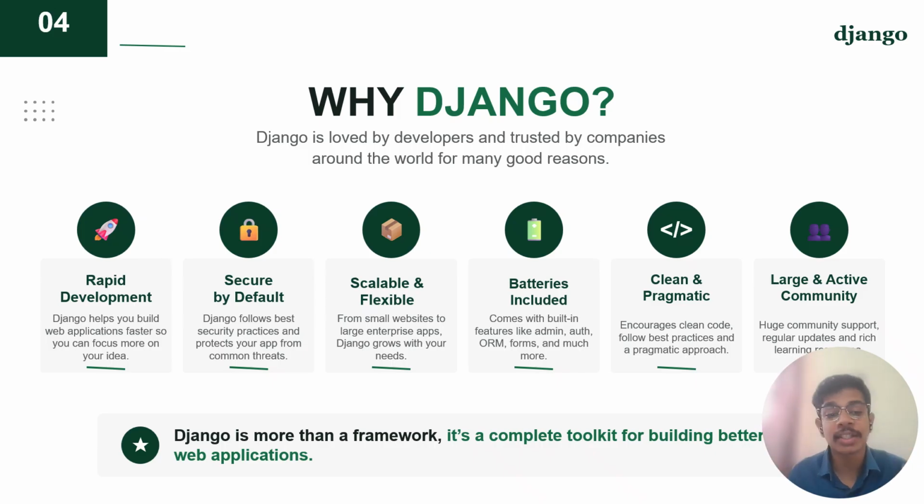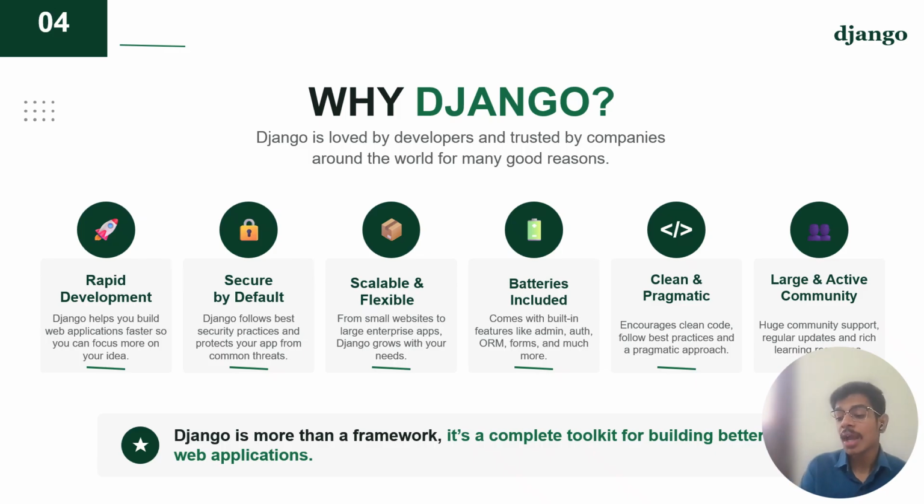The second is security. Django follows industry-standard security practices and helps protect applications from common mistakes like SQL injection and cross-site scripting. Another reason is that Django is scalable and flexible. Whether we are building a simple college project or a large enterprise application, Django can easily handle increasing users and data. The next feature is batteries included. Django comes with many built-in features like admin panel, authentication system, ORM, forms, URL routing, and many more.